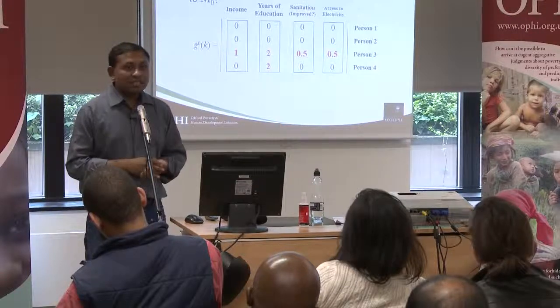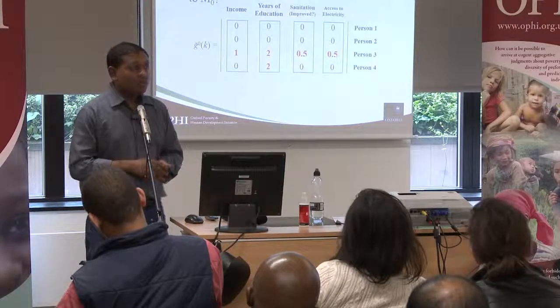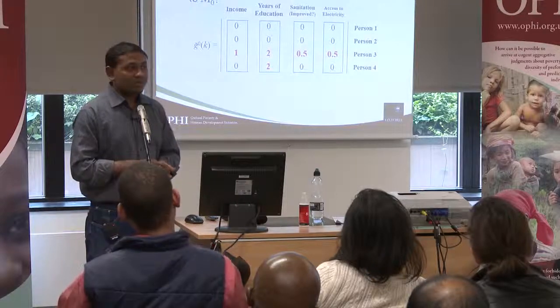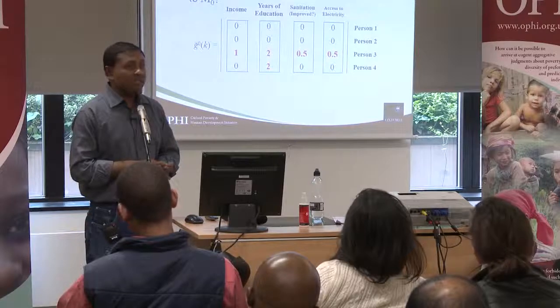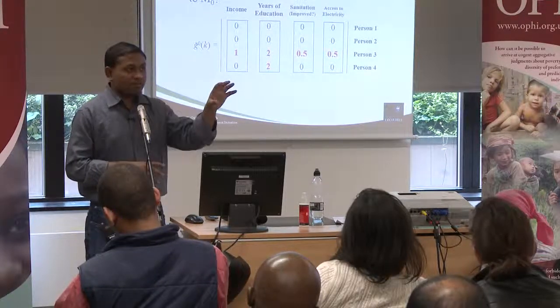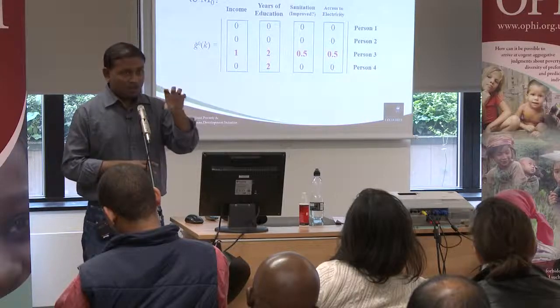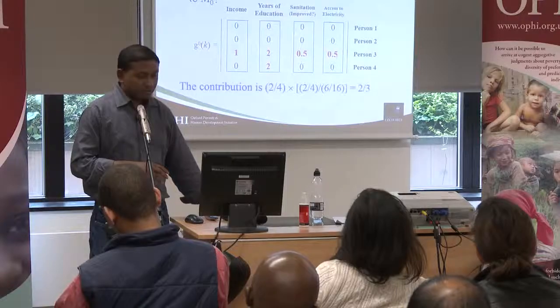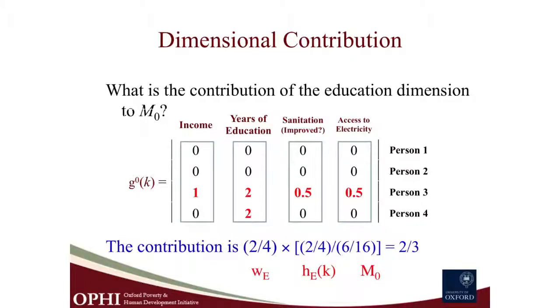What is the censored head count ratio? Half. And what is the M0? 6/16. Perfect. So you have half times half divided by 6/16. You get 2/3. So in this case, the contribution of the education dimension is 2/3.